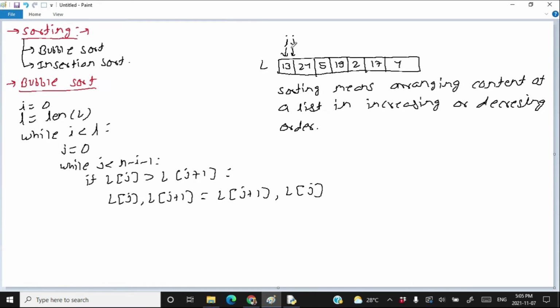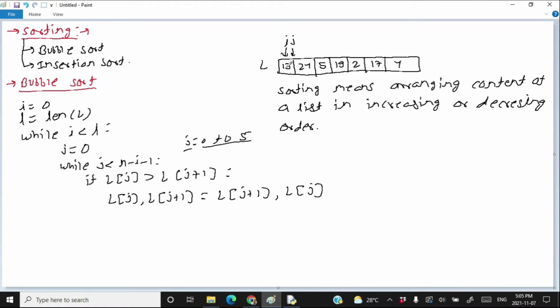So j is initially 0 and j has to go from 0 to n minus i minus 1. n is 7, minus i is 0, minus 1 is 1. So 0 to 5. Actually you have to go 1 less than 6. That means j has to go from 0 to 5.